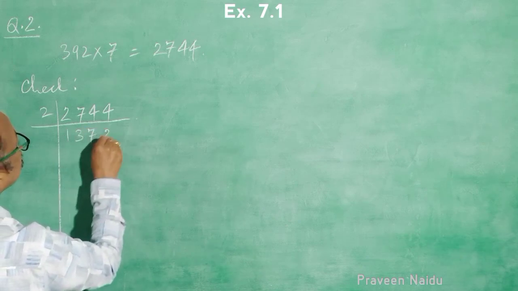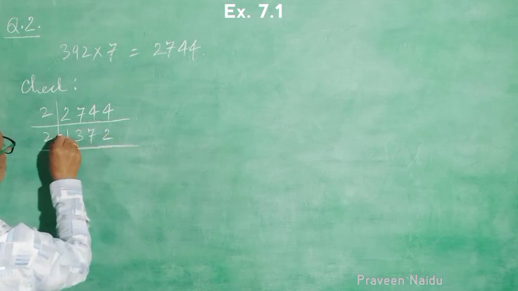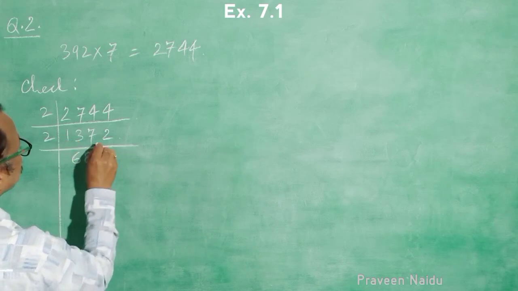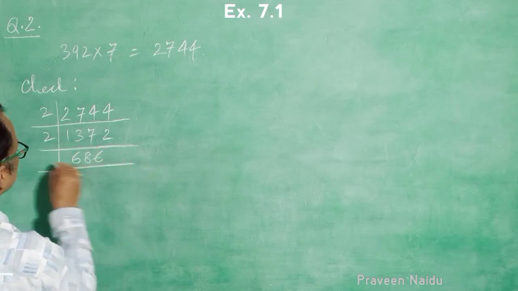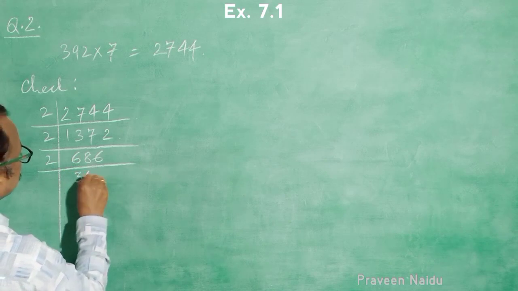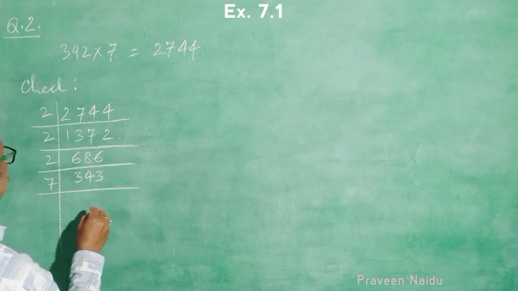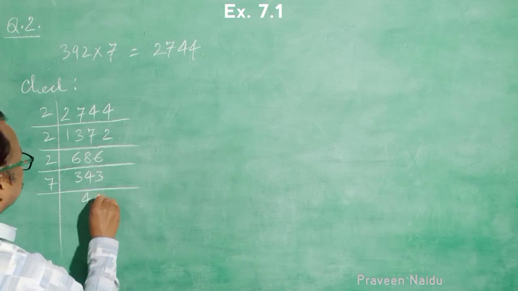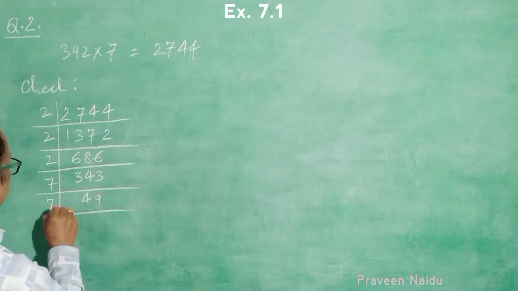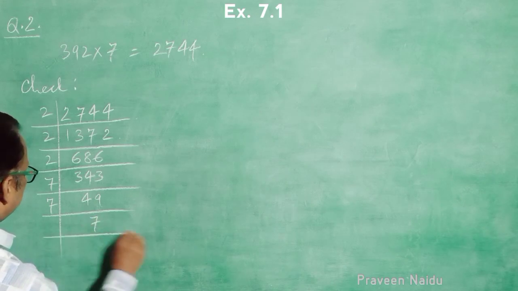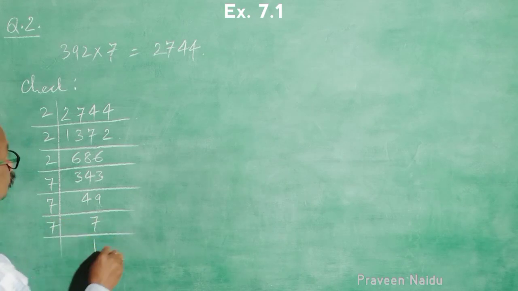When we find out the prime factors of 2744, since we have multiplied a 7, the factors will be 3 times 2 and 3 times 7.